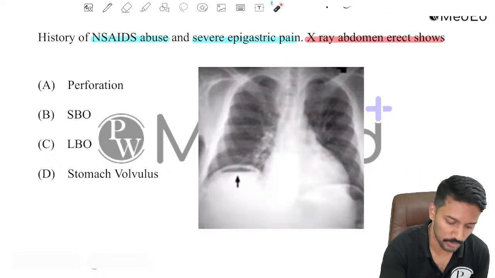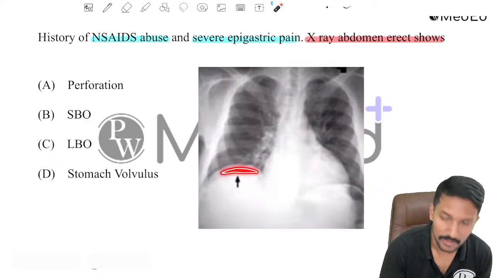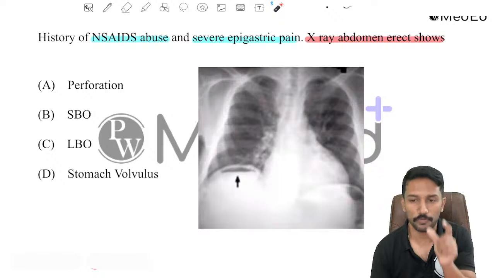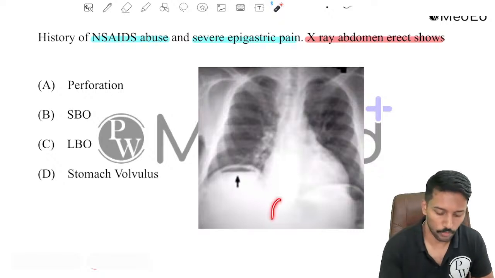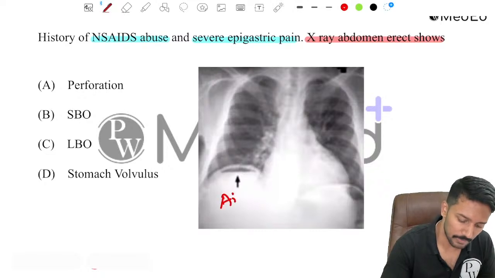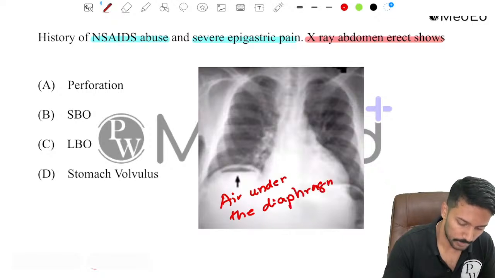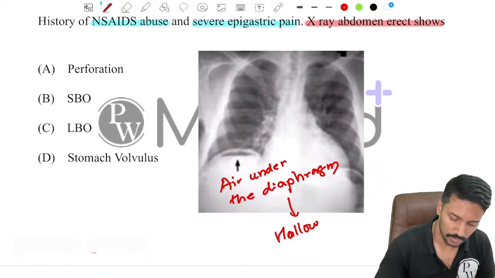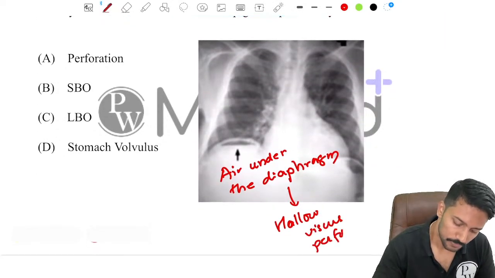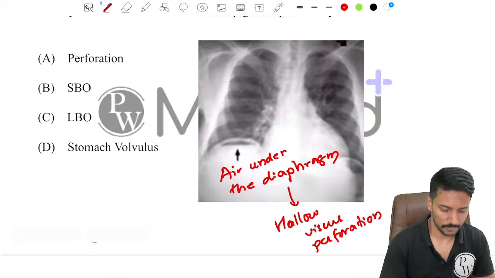Right, the arrow is pointing towards the air under the diaphragm, right? Normally under the diaphragm there should not be air until and unless there is a perforation of any part of your intestine from where the air leaks. So if there is air under the diaphragm, it indicates hollow viscus perforation. Hollow viscus means your intestines, or the hollow organs, from where the air is leaking.